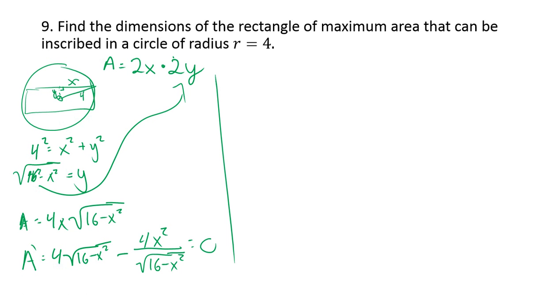Now this leads us to solving, which gets us 4 times the square root of 16 minus x squared is equal to 4x squared all over the square root of 16 minus x squared. Multiply through, getting us 4 times 16 minus x squared is equal to 4x squared.